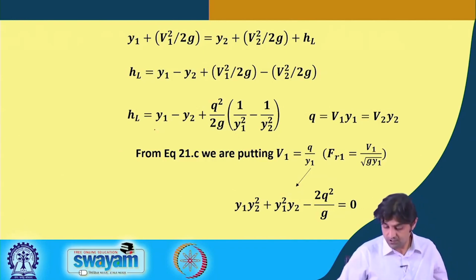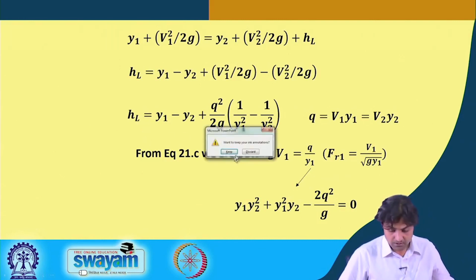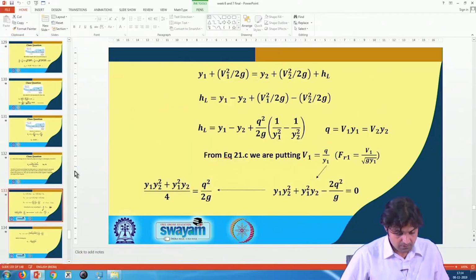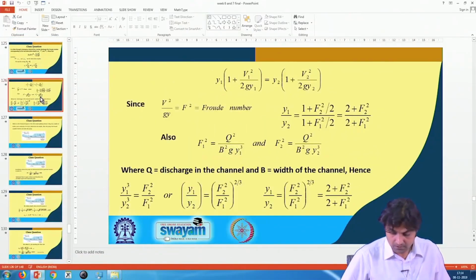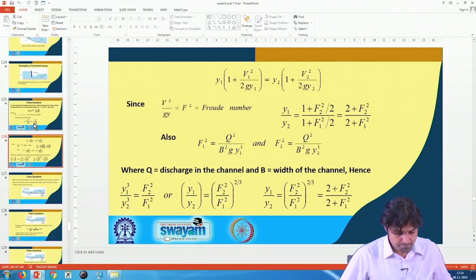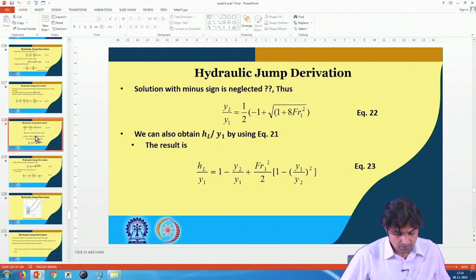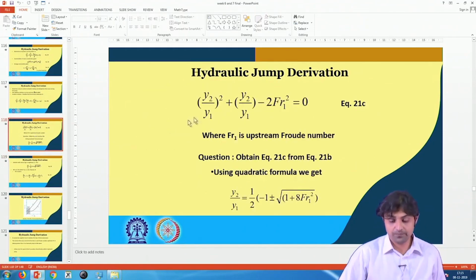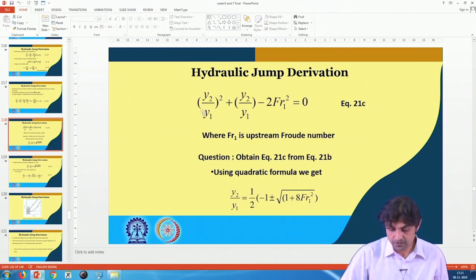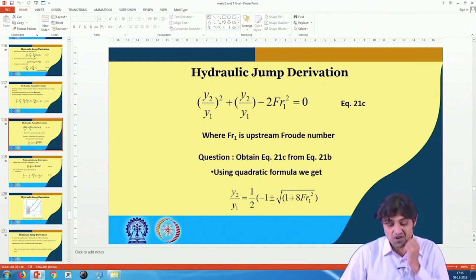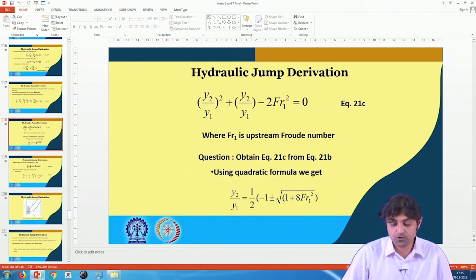You go back to equation 21 C, it is important to show you. This is the equation 21 C: (y2 by y1) whole square plus y2 by y1 minus 2 Froude number 1 whole square is equal to 0.